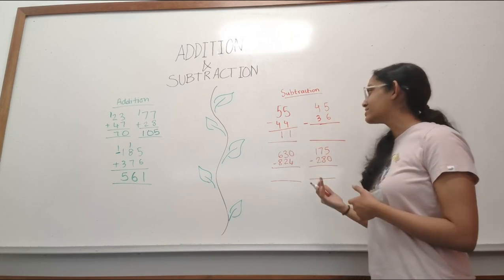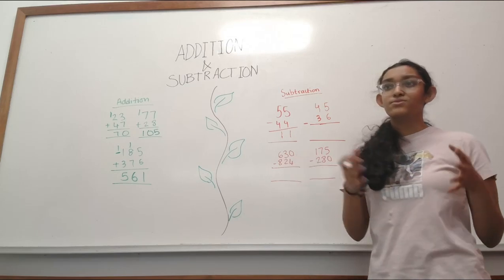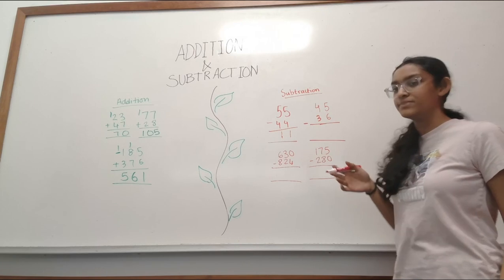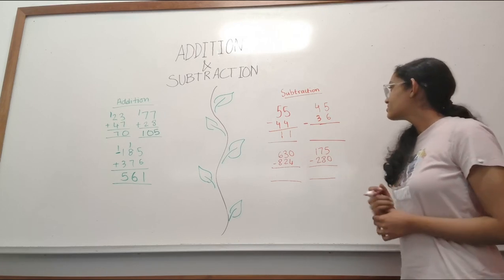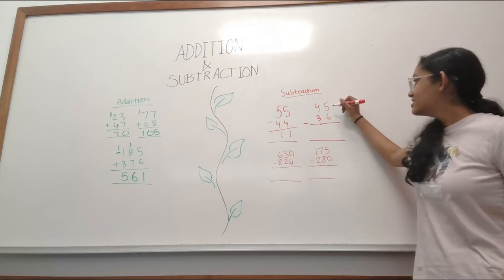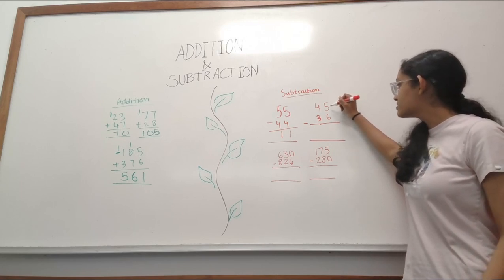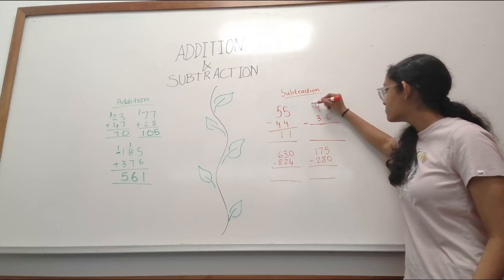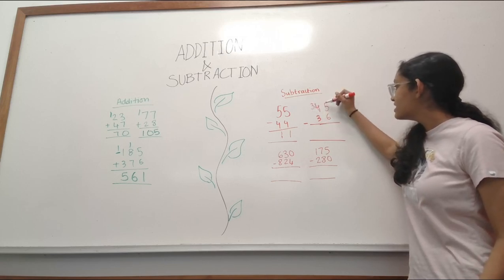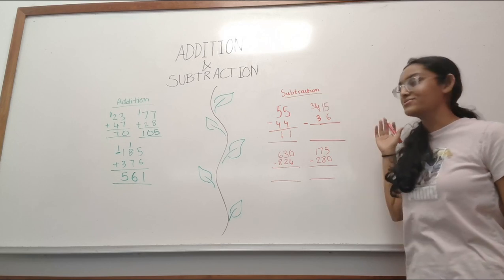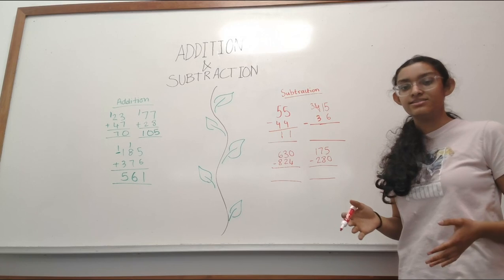Notice how it's not always going to be 1 digit off. So let's do another. So we have 45 minus 36, right? So notice how 5 is smaller than 6. So basically, for this, what you have to do is you take 1 off 4, right? So 4 becomes 3 now. And then you put 1 in front of 5, which makes it 15.